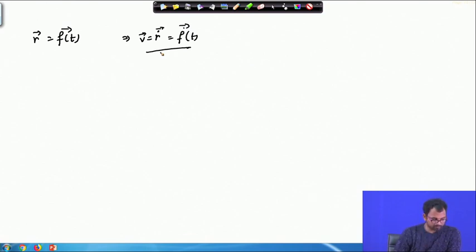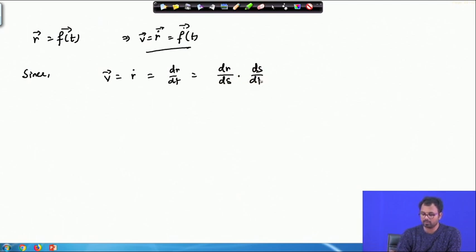All right. Now, since we can write v is equal to r dot, which is dr dt, I can write dr ds times ds dt. So, s is the arc length, and the rate of change of arc length is not relevant to the direction. So, the rate of change of arc length is given by ds dt, and dr ds is our unit tangent vector.